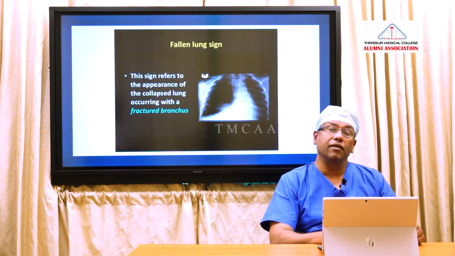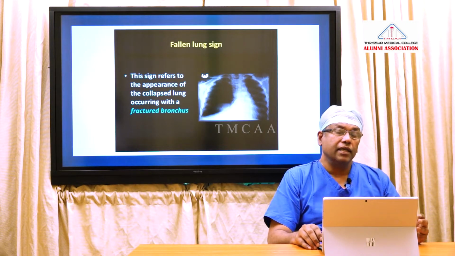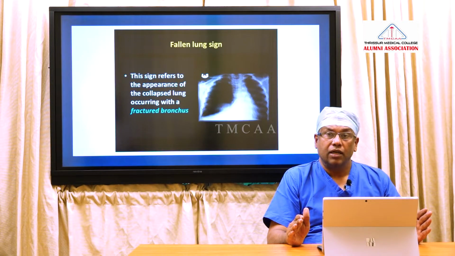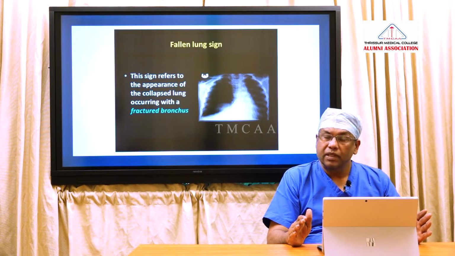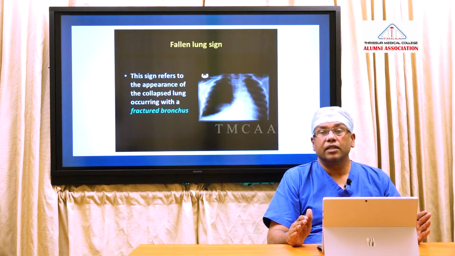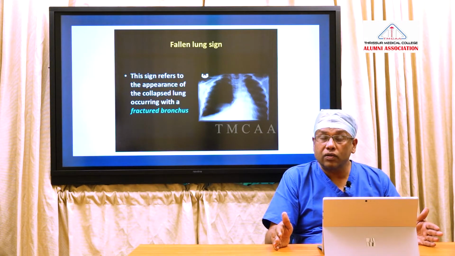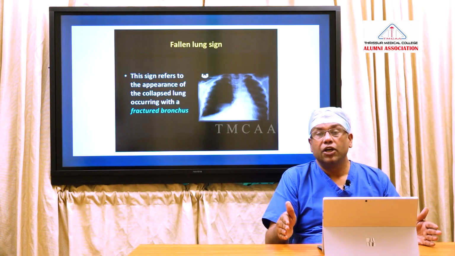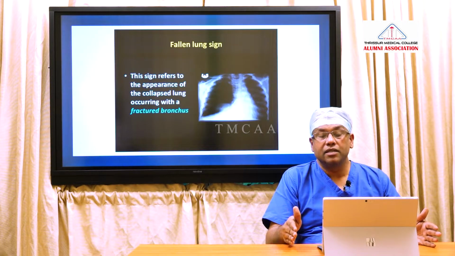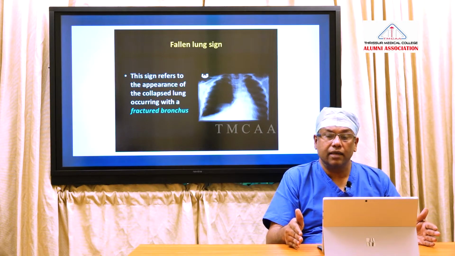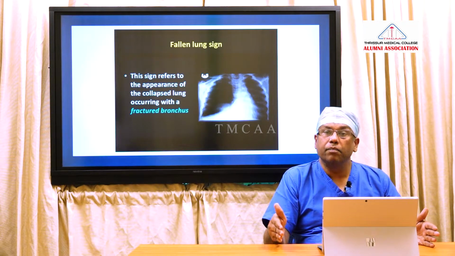So, what are the clinical features? How will you identify? The clinical features are very simple. The patient will have shock, that means the patient will be hypotensive. Then there will be pulsus paradoxus. Then you will get an elevated JVP. And there is a classical triad of distended neck veins, muffled heart sounds, and hypotension, the classical Beck's triad.